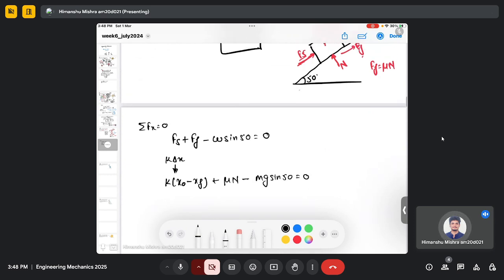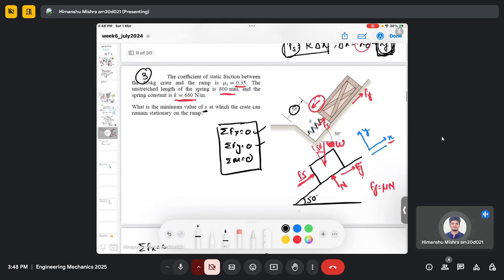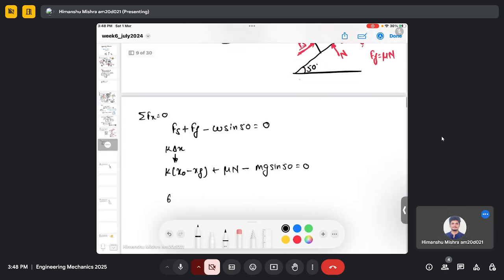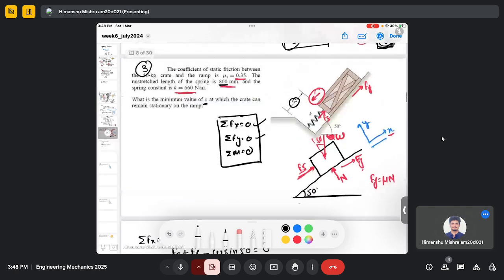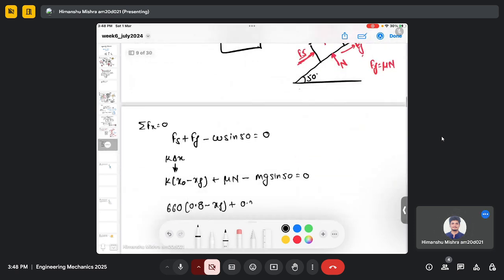So my k is 660 Newton per meter, and the original length of spring is 800 millimeters, which means 0.8 meter, minus xf, plus mu, which is 0.35, times N, which we don't know, minus 50 into 9.81 sine 50 equals 0. And this is my equation 1.